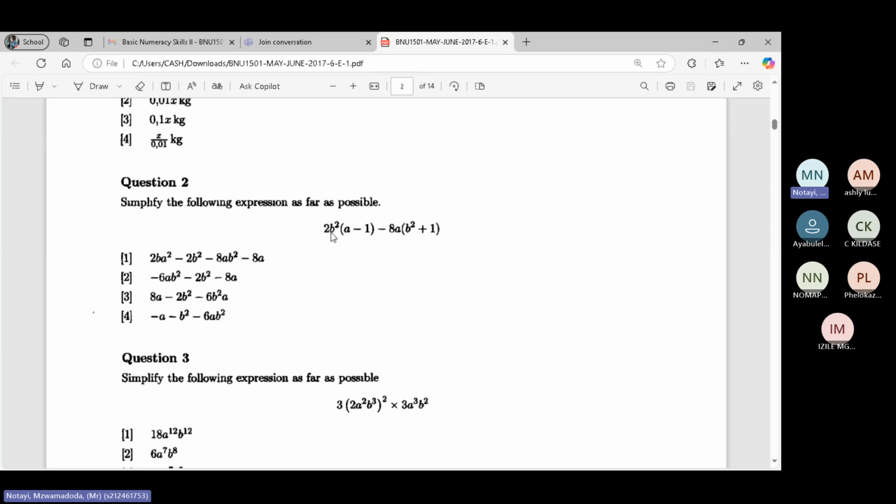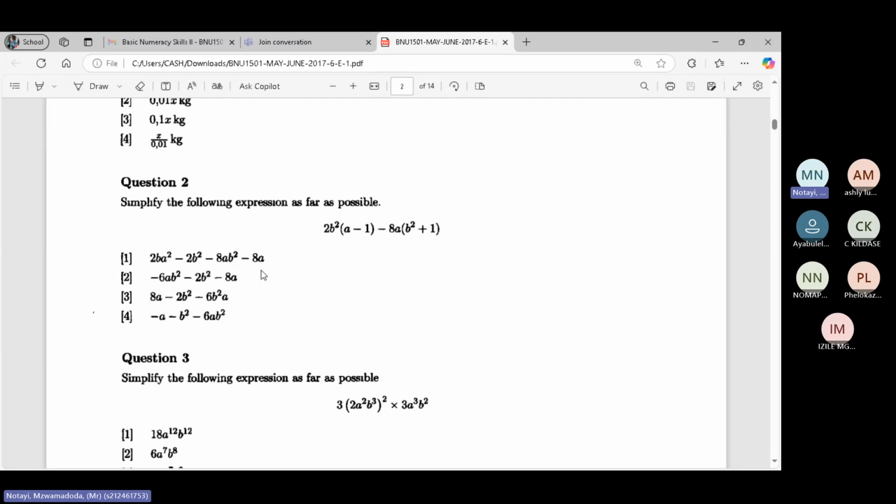So we look at the second one. It has a negative 6ab squared, which is what I got when I said 2ab squared and negative 8ab squared. And then I got a negative 8a, when I multiplied the second bracket's negative 8a by 1.